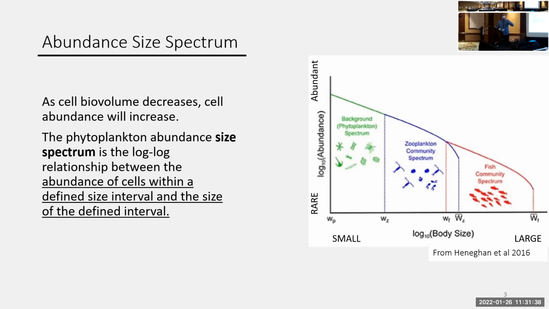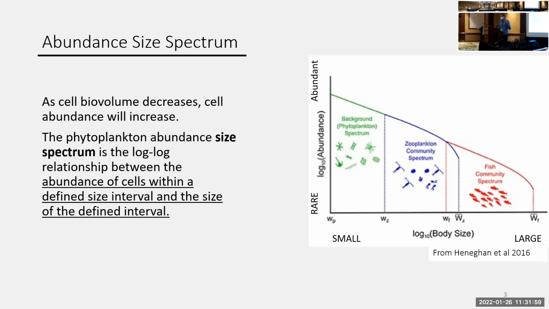This is showing a full marine ecosystem with green being the background phytoplankton, blue being the zooplankton, and red being the fish community. And so we can define this specific relationship.